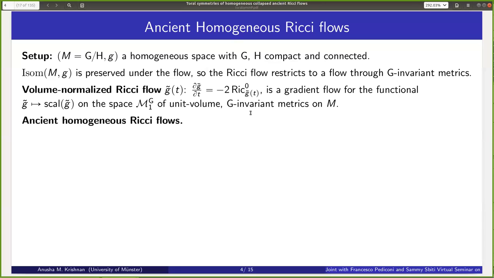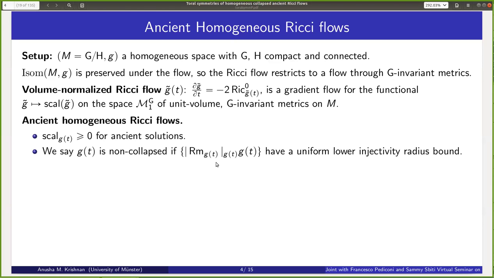Okay, so now I'm going to compile a bunch of information that we know about ancient homogeneous Ricci flows. So firstly, we know that for ancient solutions, the scalar curvature is always non-negative. This is something general, not specific to the homogeneous case, but I just mentioned it here.